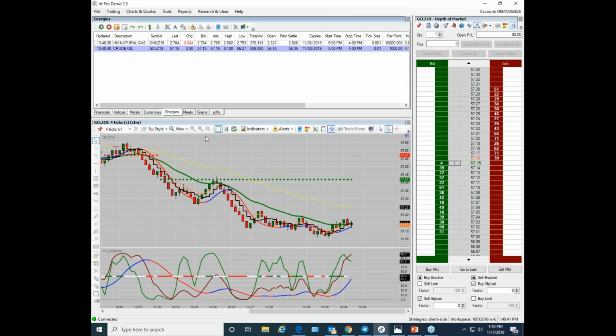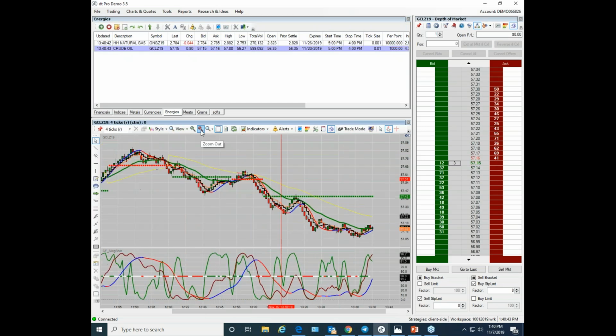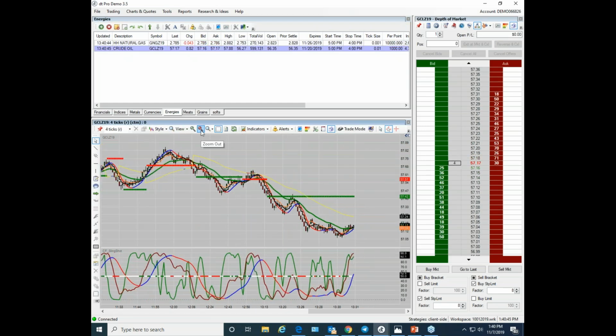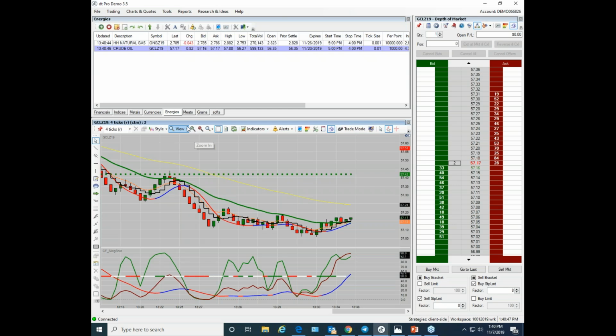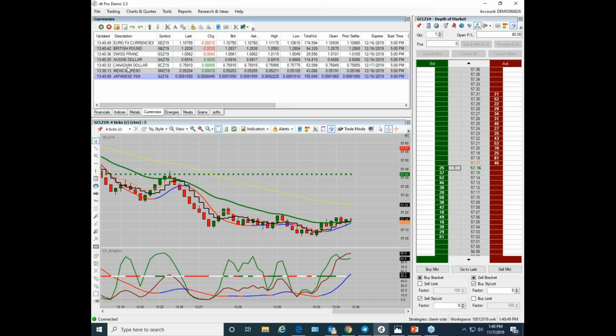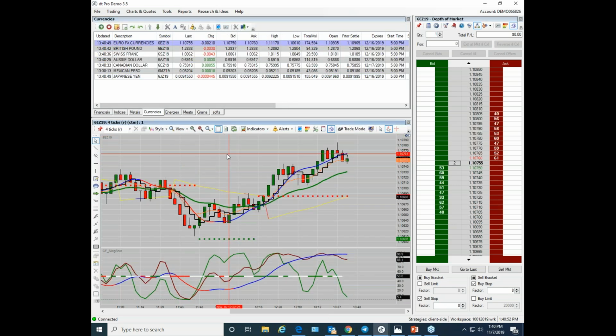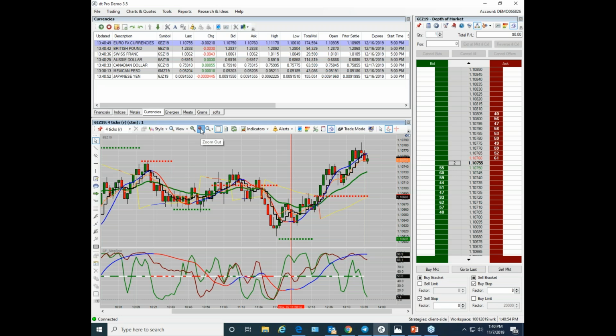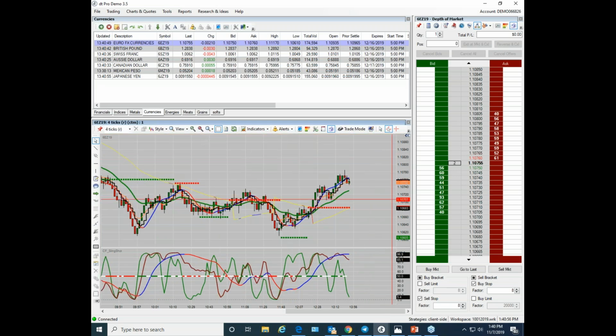Let me see if I can find a good example of this. Here's a good example. Notice how dynamic support and resistance are side by side here, and we've got lows and highs that are kind of congruent, like a pair of choo-choo tracks.